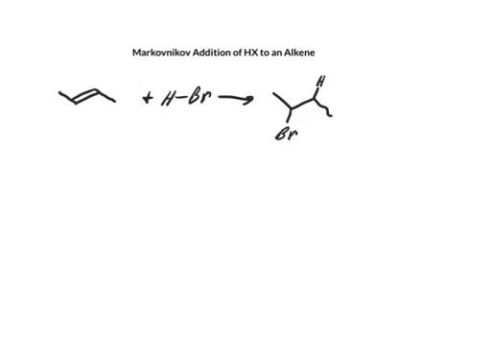And if you look at this, the bond that we're breaking is the double bond. That's different. And the bonds that are being formed are the carbon-hydrogen bond and the carbon-bromine bond. And how that happens mechanistically, the double bond is the nucleophile. It can attack. It has the extra electrons.